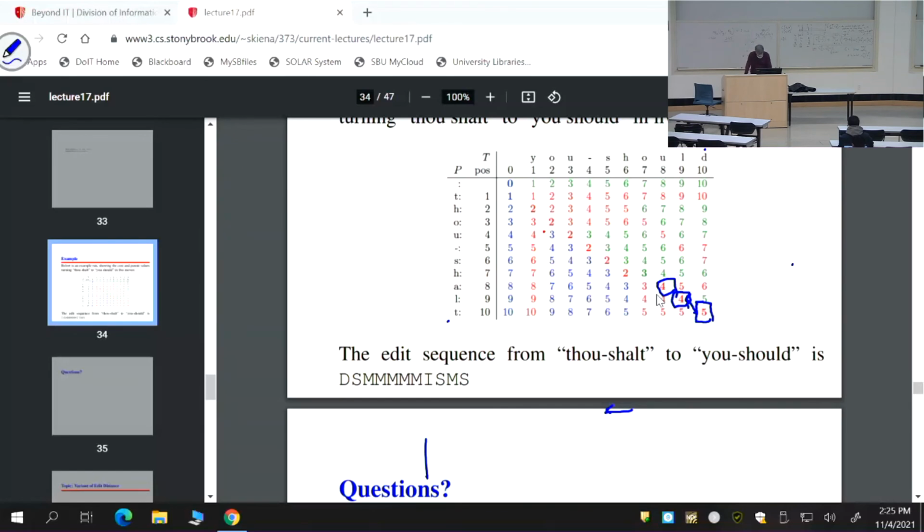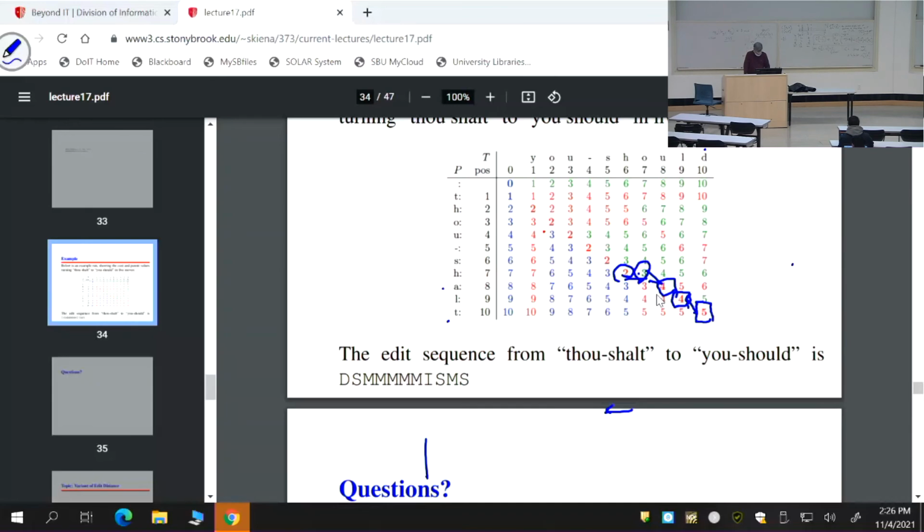I now want to match thou shalt to you should. Again, by the way I did this, the optimal thing was a substitute. I walked backward that way. If so, I turned an A into a U. Now what do I have from here? From here, my optimum move, it turned out, came from over there.